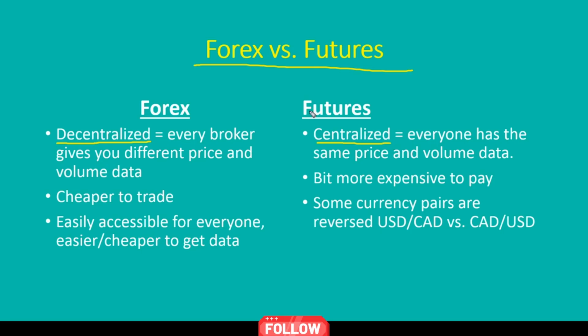What this means is that when a market is decentralized, every broker gives you different price and volume data. The data is not centralized for everyone. With futures, on the other hand, it is a centralized market where everyone sees the same price and volume data. So this is the main difference between those two.